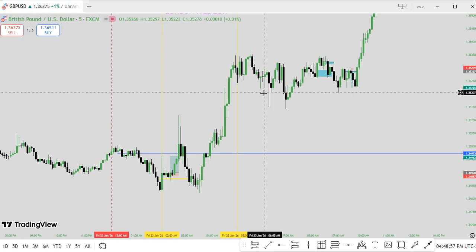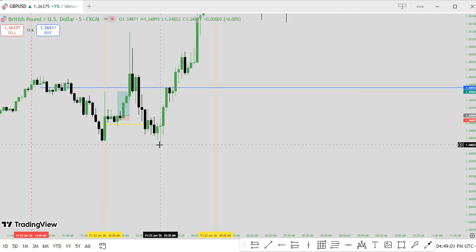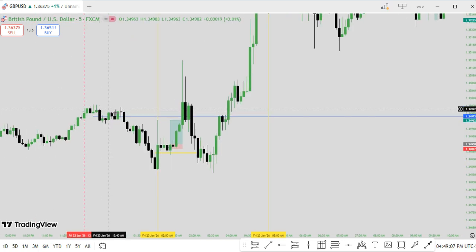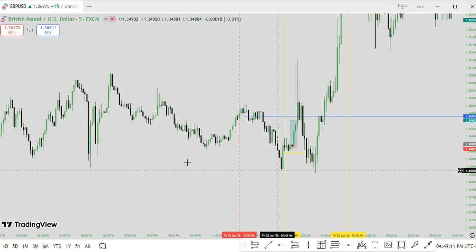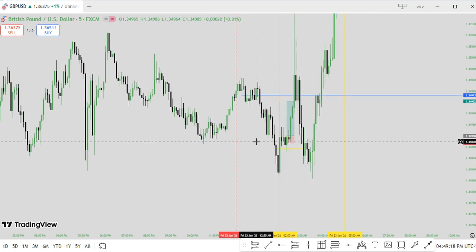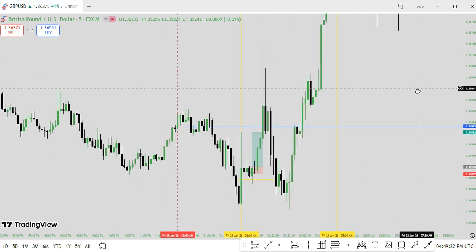So early in the morning today, the market was consolidating, then drops down and takes out those lows that were forming at midnight. After taking them out, they move up and push the market higher too, taking those balances out.